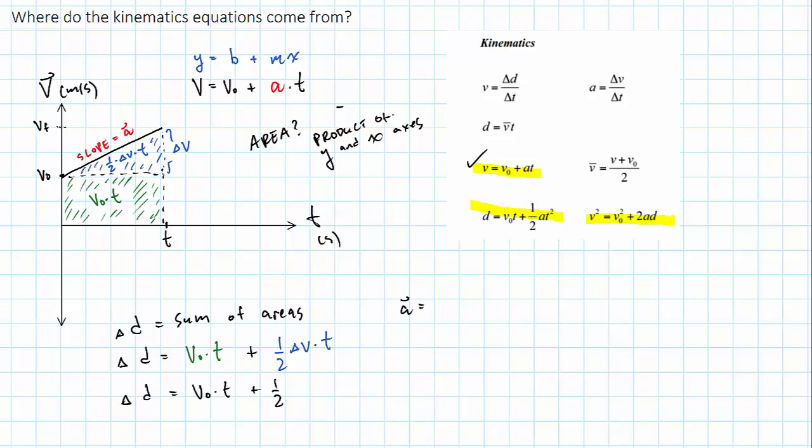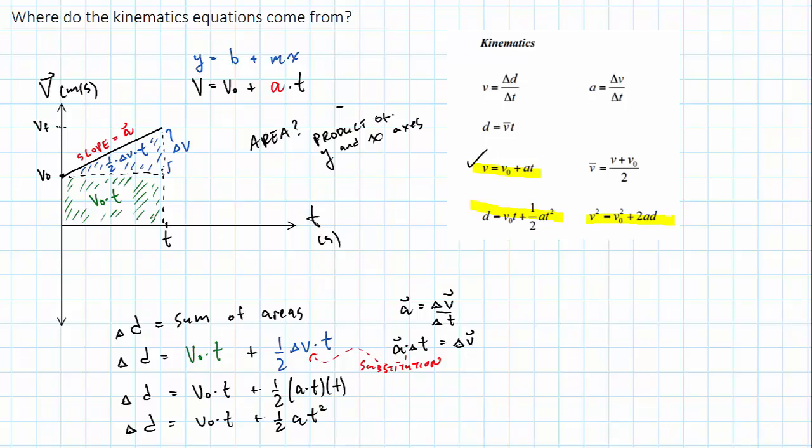And the last thing we can do is substitute, instead of delta v, a times t. We're left with our t squared term that we're so used to from the parabolic shape of that quadratic sort of projectile that we know from math.